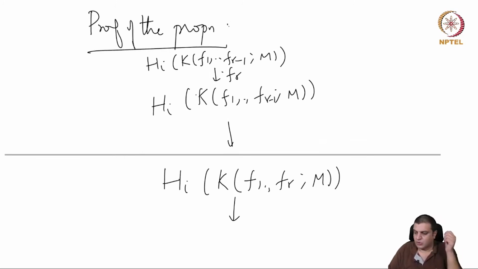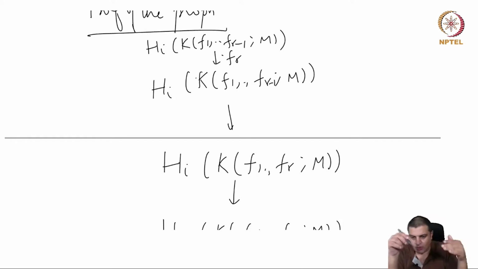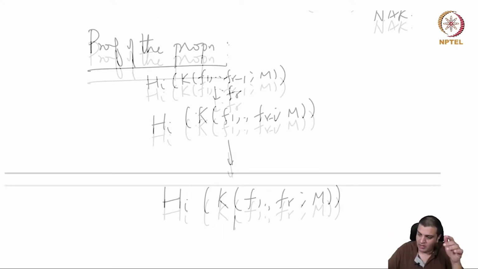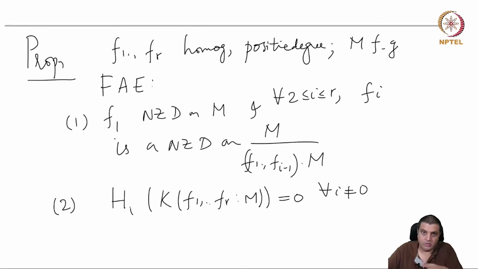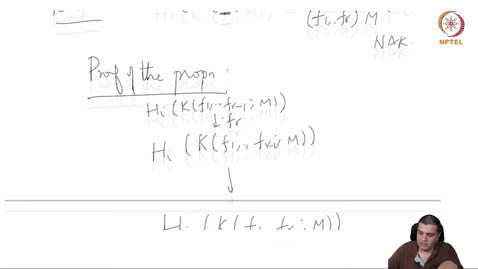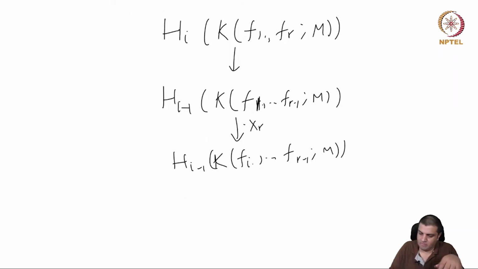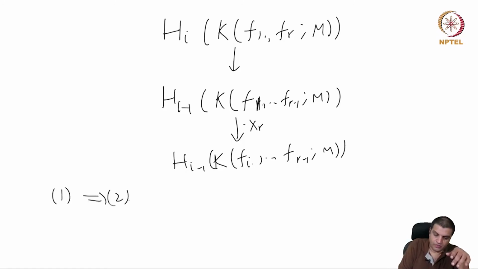So the proof will go by induction in one direction. Proving 1 implies 2, we can assume that the statement is true for a sequence of r minus 1 elements. So 1 implies 2 by induction.